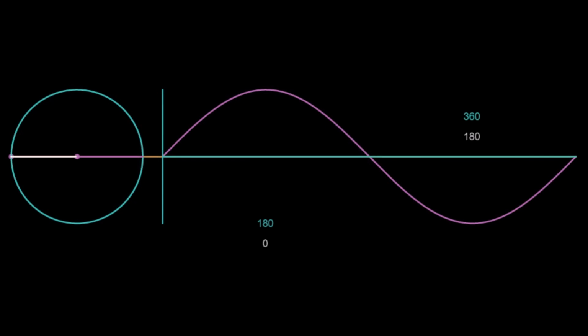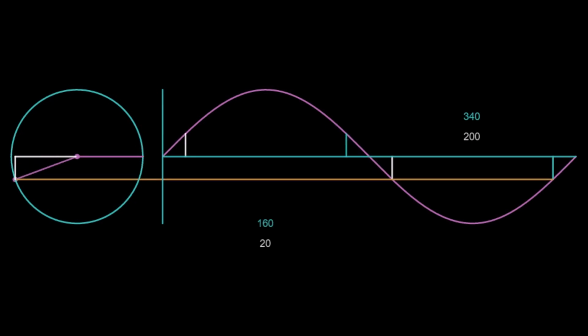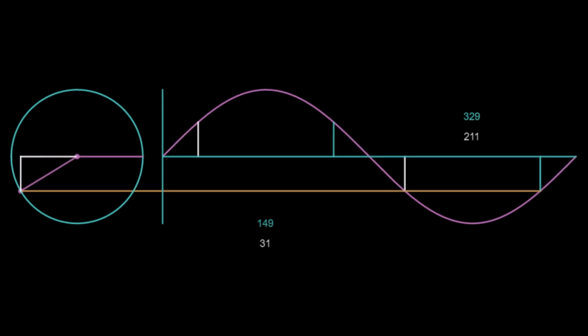So let's take this up to some arbitrary angle, say for example 210 degrees. So we can see here that from this point to this point represents 210 degrees. And we know from what we've seen previously that the sine of 210 degrees is going to be the same as the sine of 330 degrees, which is this blue line here.